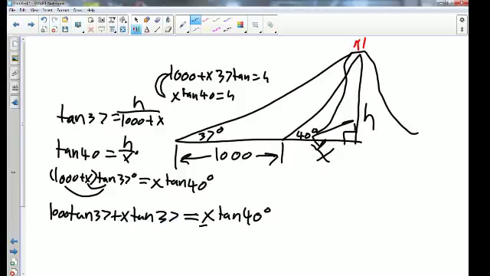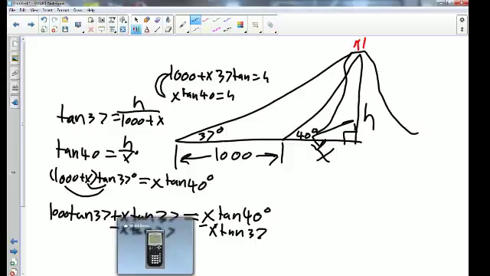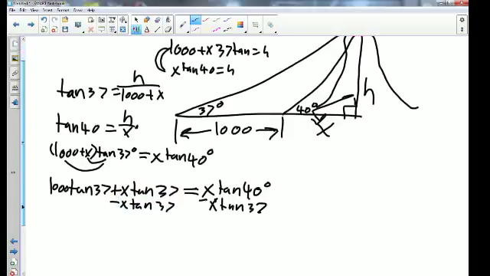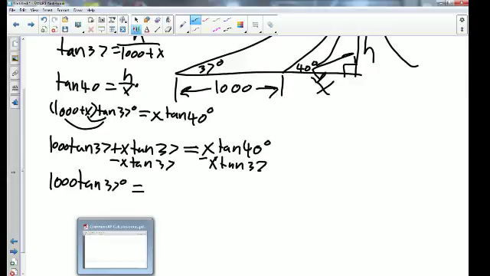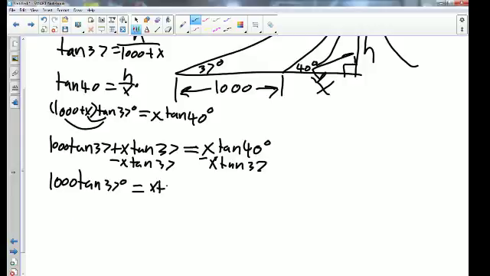So subtract x tan 37 from both sides, and that leaves you with 1,000 tangent of 37 degrees equal to x tan 40 minus x tan 37.